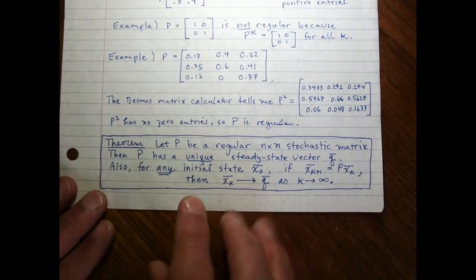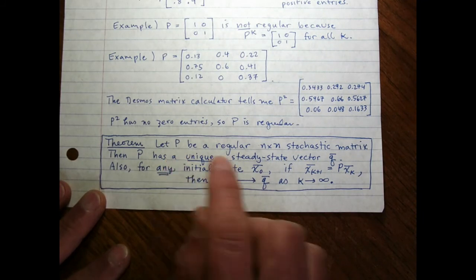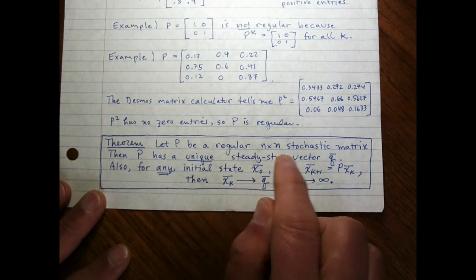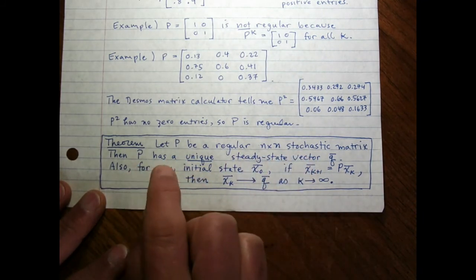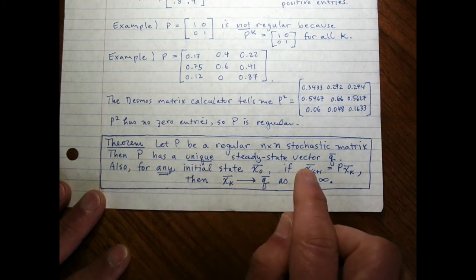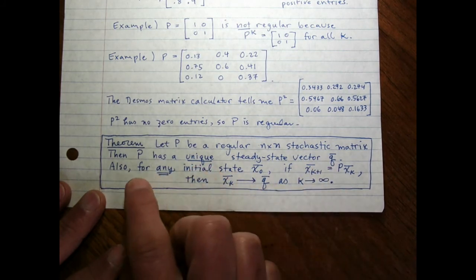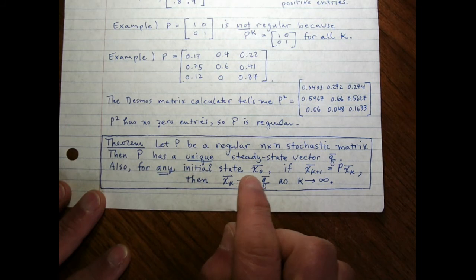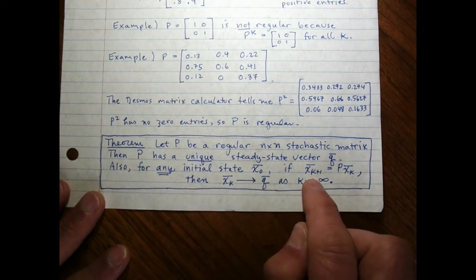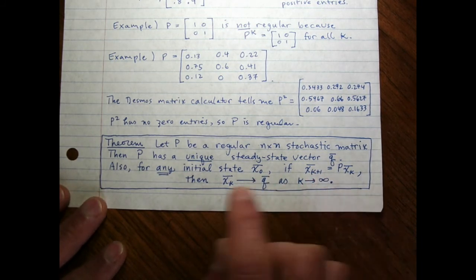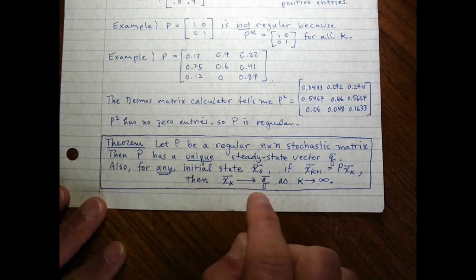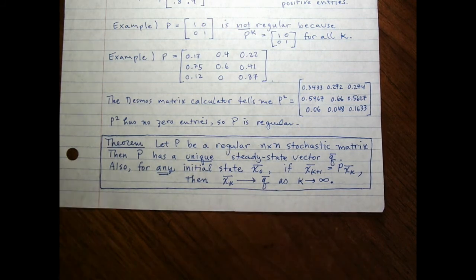So it turns out that if P is a regular n by n stochastic matrix, then P has a unique steady state vector Q. Also, for any initial state x0, if x(k+1) equals P times x(k), then x(k) approaches the steady state vector Q as k approaches infinity.